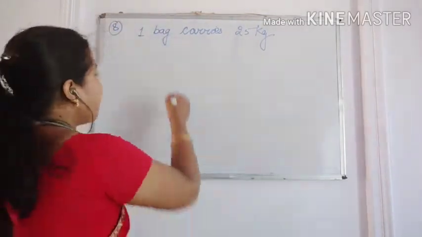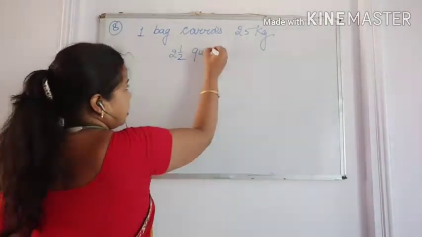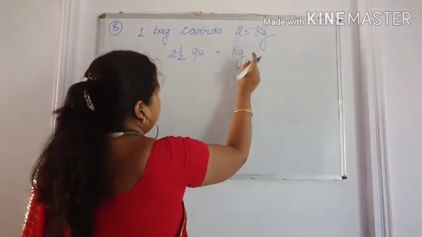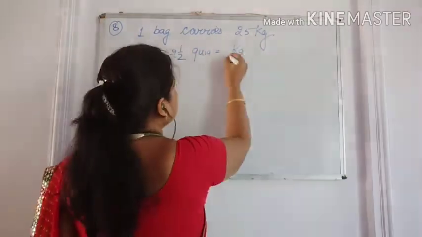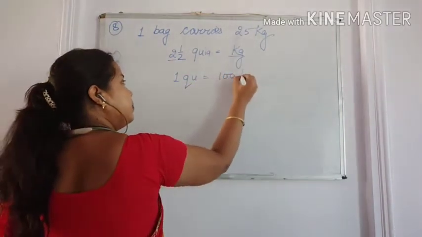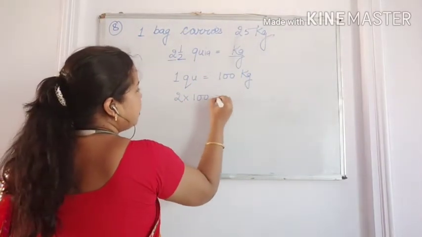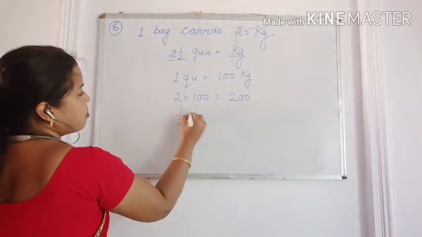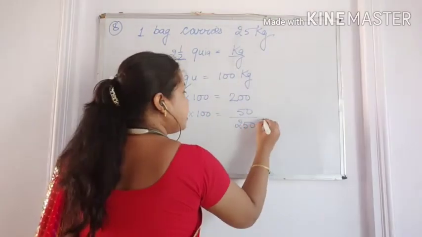Beta, first of all we have to convert 2.5 quintal in kgs, because here the value is given in the kg. So 1 quintal equals 100 kg. So here is 2, so 2 multiplied by 100, it means 200. Half is also there, so half multiplied by 100 will be 50. So 250 kg total.